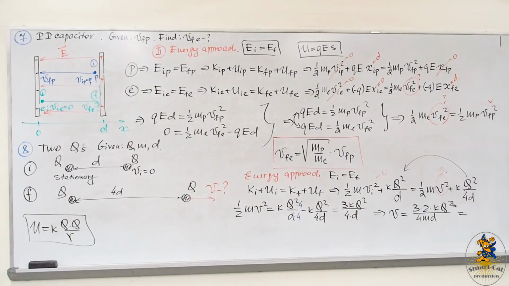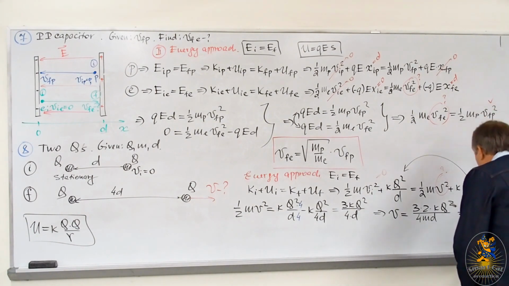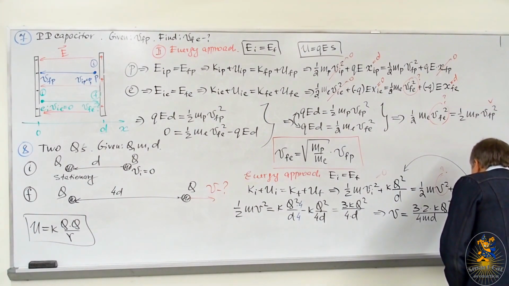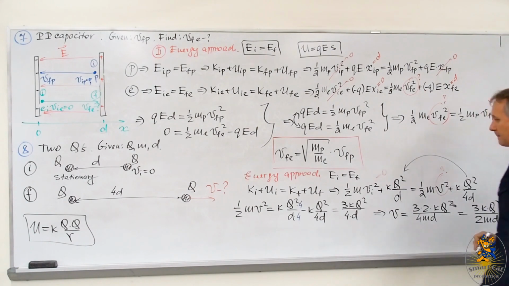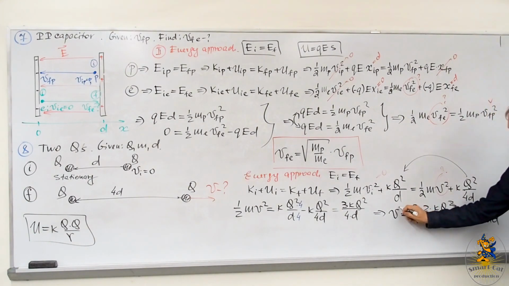Of course, 2 and 4 partially cancel, and as a result we'll get 3 k Q squared over 2 m d. Shouldn't it be square rooted?